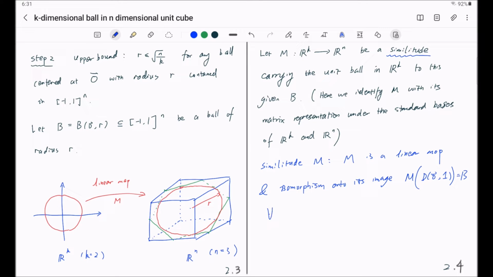And for any x in Rk, this M is going to dilate this vector to r times that vector. This is what I mean by similitude.